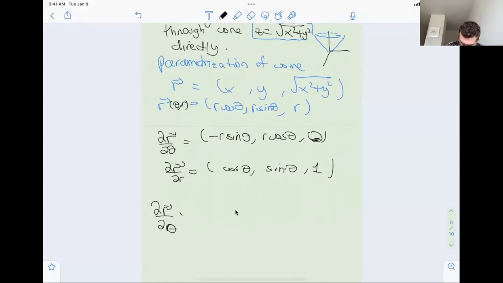What does the cross product give you? Let me see if I find it correctly. The cross product that you find should be this one.